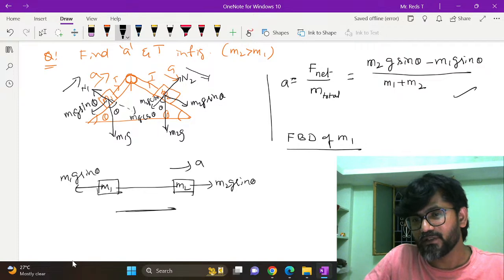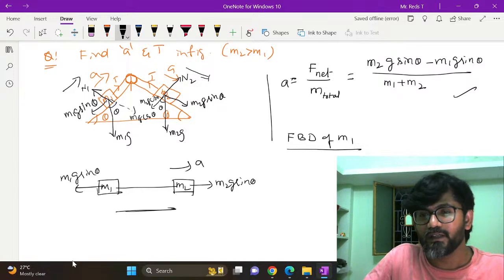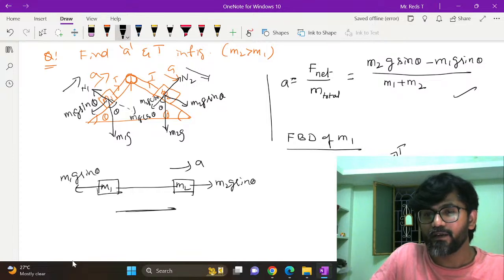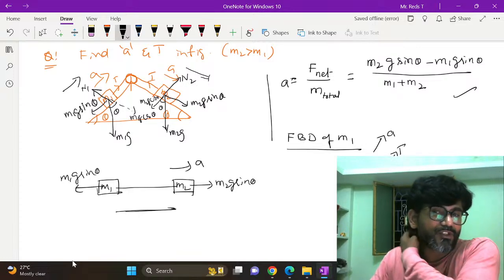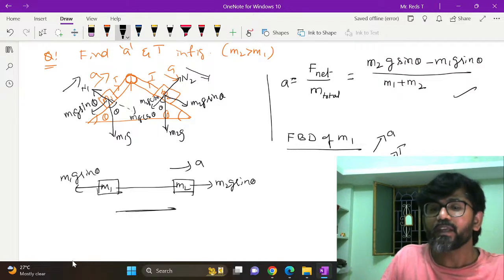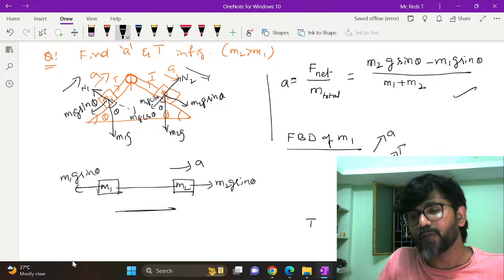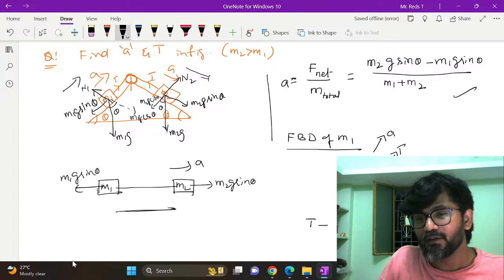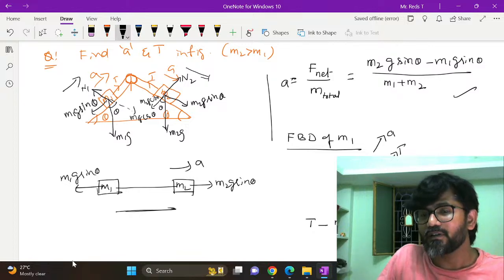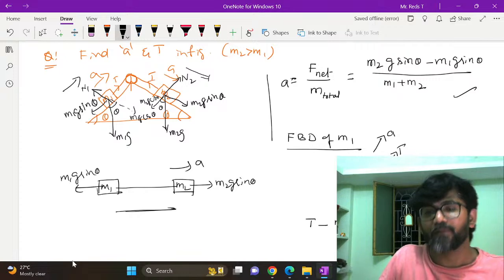You can draw the inclined surface like this, or take M1 as a point object, and this T is acting up, and downward we have M1G sin theta, but it is moving up with an acceleration A. That means the upward force is dominating the downward force. Now the equation of motion is given by the dominating force T, upward: T minus the downward force M1G sin theta is equal to mass times acceleration, M1A.